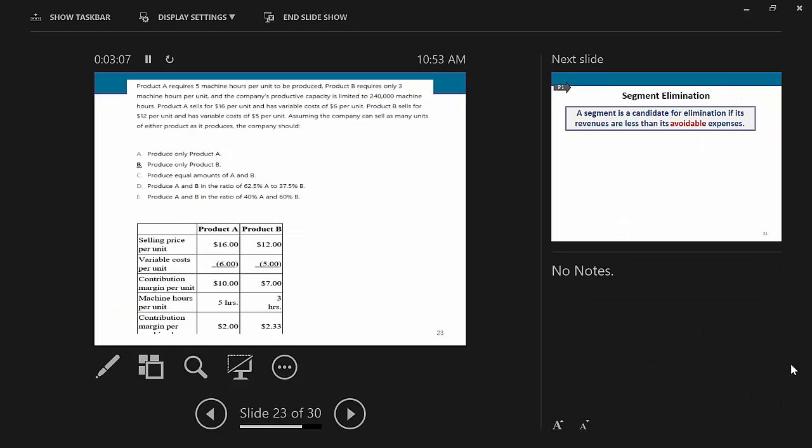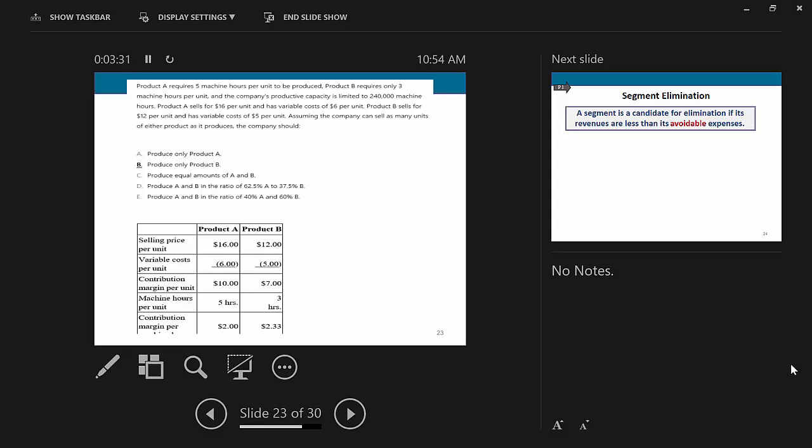So let's take a look at this example. Product A requires 5 machine hours per unit to be produced. Product B requires only 3 machine hours per unit. So we're already thinking product B looks like it's going to get the nod, but let's see. We have to keep going because we need to figure out what's going on with the contribution margin.